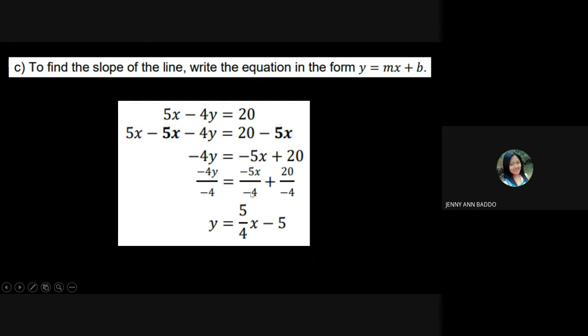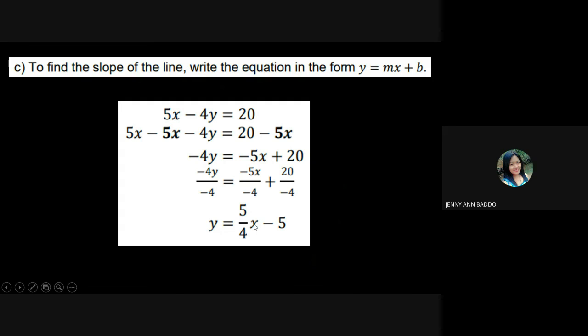Negative divided by negative is positive. Since we cannot divide 5 over 4 exactly, we keep 5 over 4 here, and then the variable x. Then 20 divided by negative 4 is negative 5.